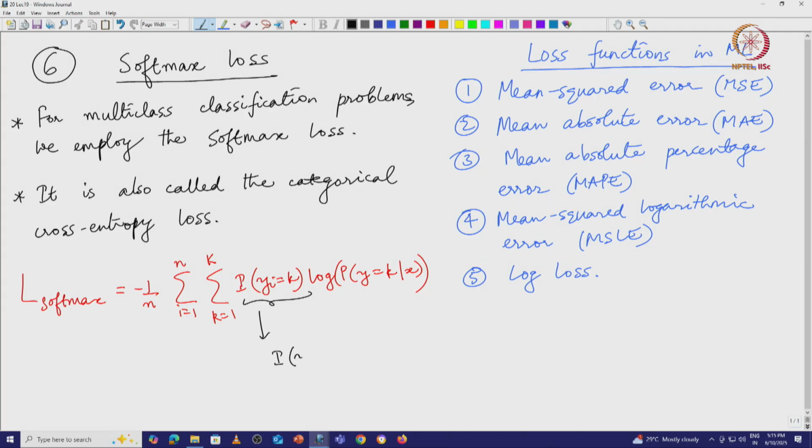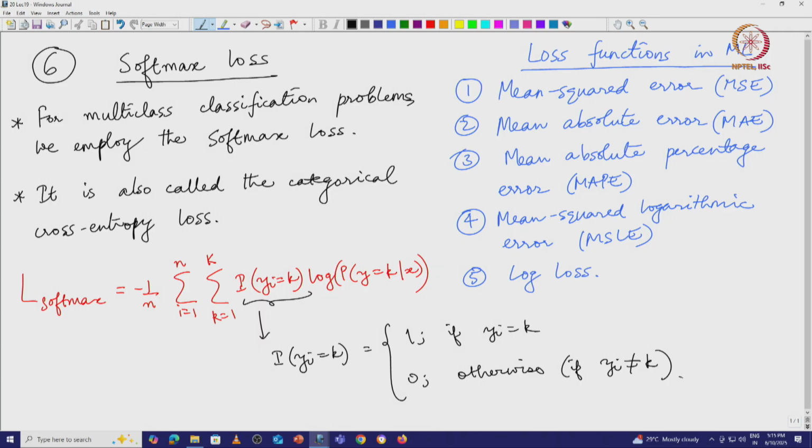So I of yi equals k is equal to 1 if yi is k and it's 0 otherwise, so if yi is not equal to k.